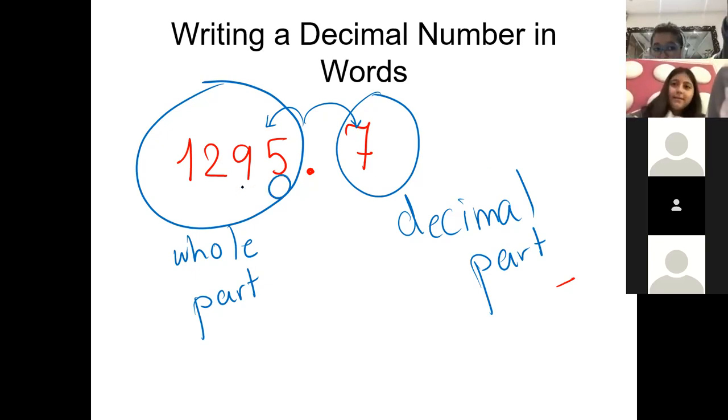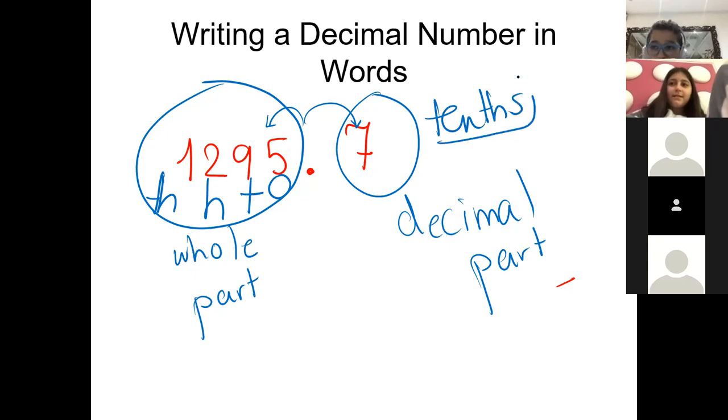Then tens. Then hundreds. Then thousands. Okay, in the decimal part, what is the place value of 7? Tenth. Proud of you. Why do we have to say tenth?